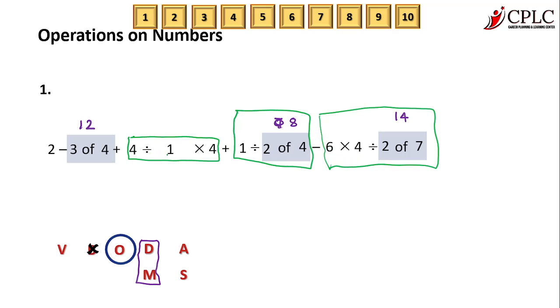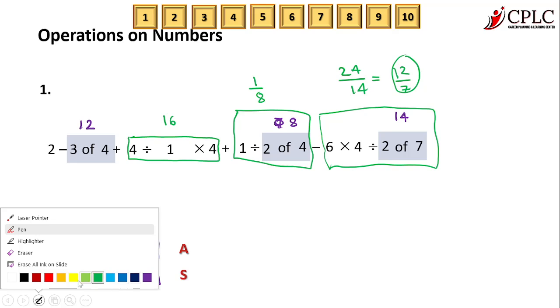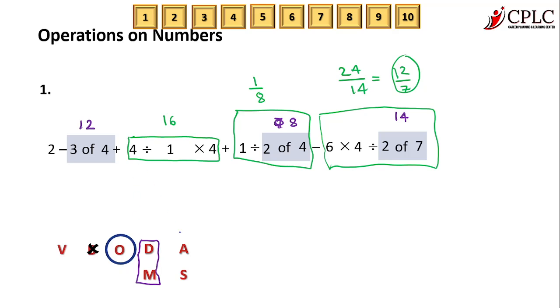So let's do that. 4 divided by 1 is 4, and 4 into 4 is 16. Then this is 1 divided by 8. I'll keep it as 1 by 8 only. And then this is 6 4s are 24 divided by 14, which after simplification can be rewritten as 12 by 7. Then in the end, we are going to do the addition and subtraction, the last part of the calculation.